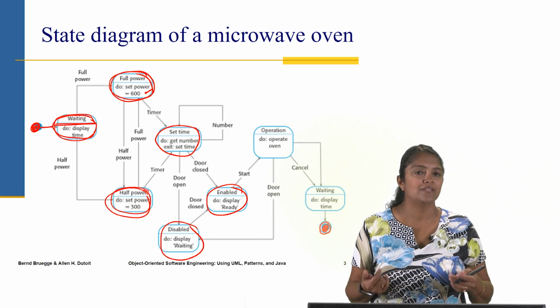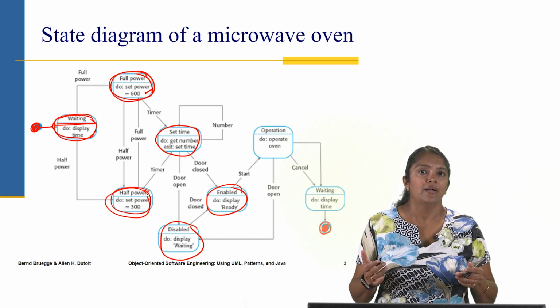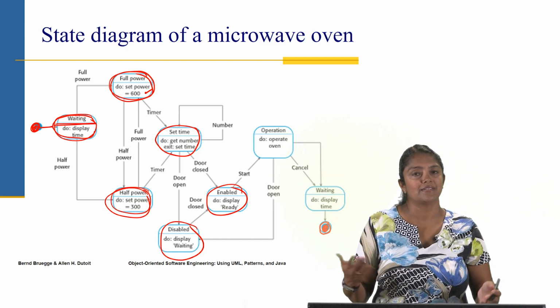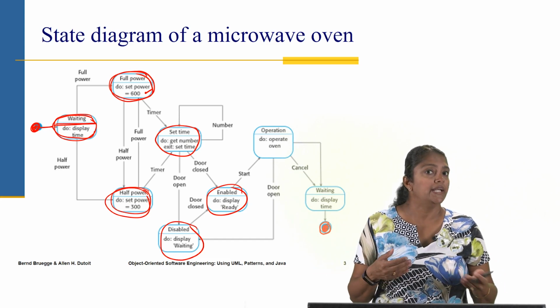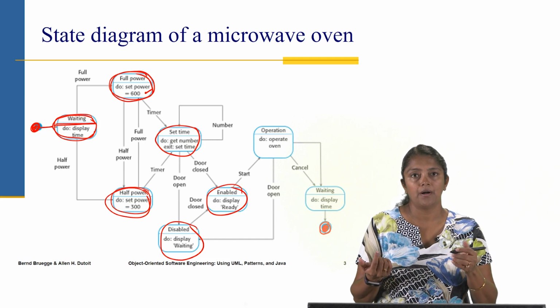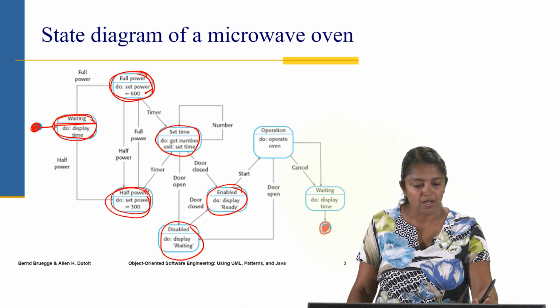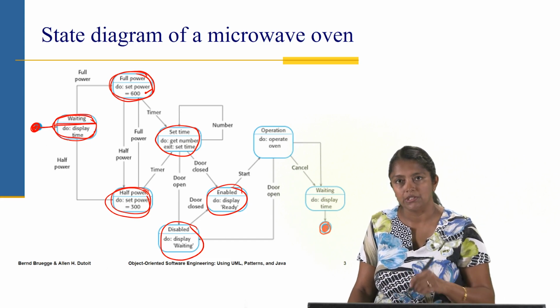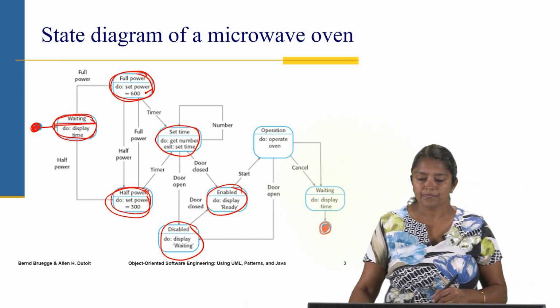So here this is one of those examples where the final state is in fact the starting state itself, and that's fine. So we can indicate it that way, or instead of repeating the waiting state here, you can have the arrow go back to the initial state.